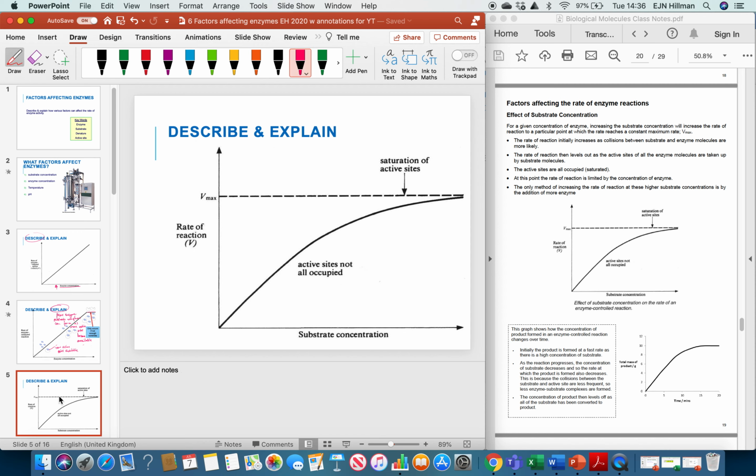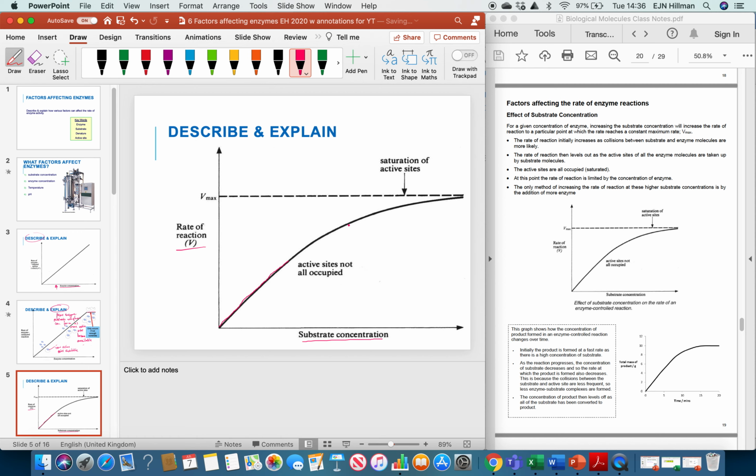Right, the next graph that we're going to look at has different axes. This time we're looking at the substrate concentration. Again, on the y-axis we have the rate of the reaction, and we can see initially that as the substrate concentration increases, so does the rate of the reaction.